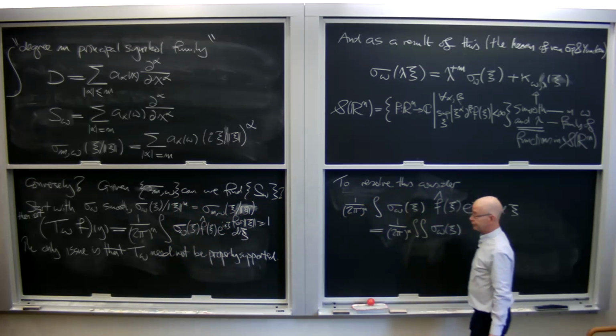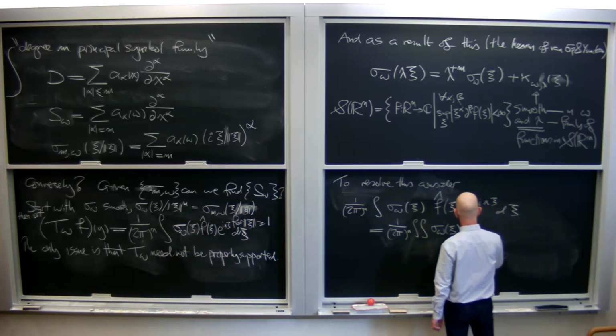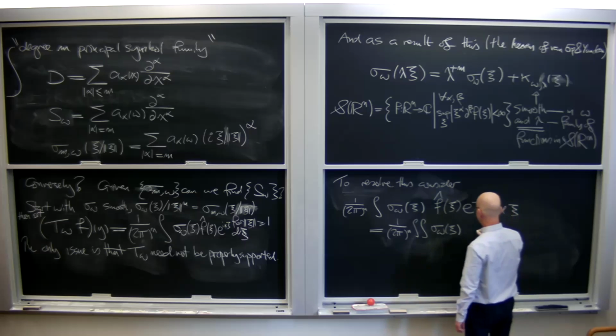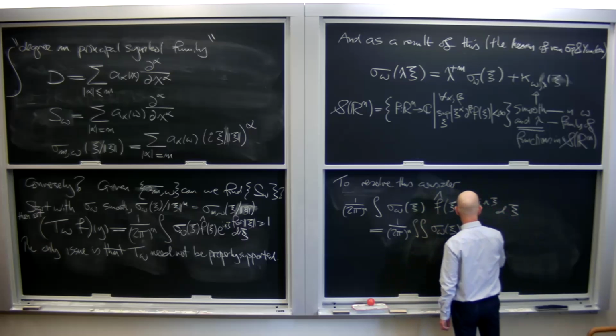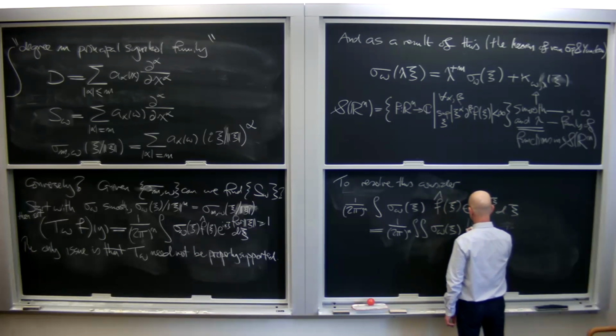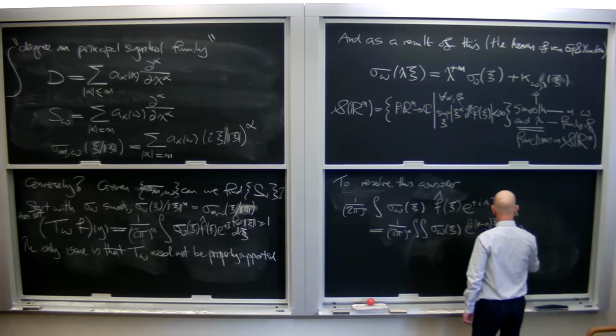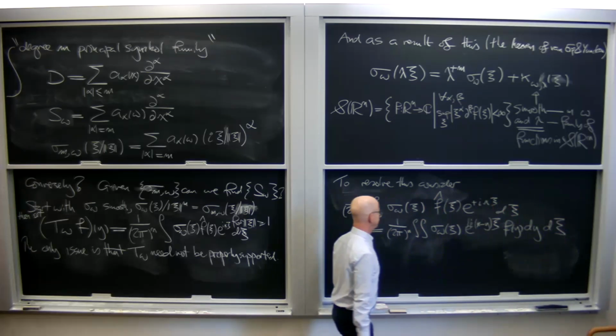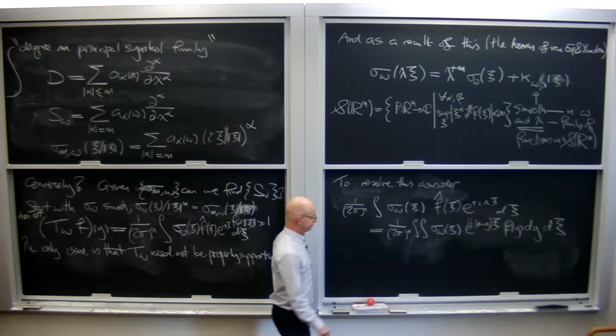The Fourier transform involves another integral, and what you're supposed to integrate is f of y against an exponential. So there's going to be an f of y. I guess I should put that at the end. And then there's going to be an e to the i, x minus y dot xi, f of y dy dxi. And you have to be just slightly careful about this.